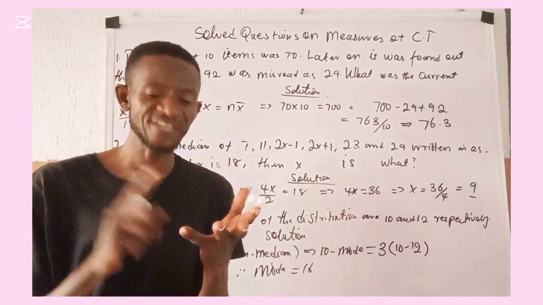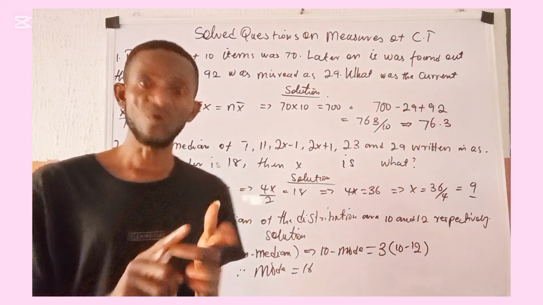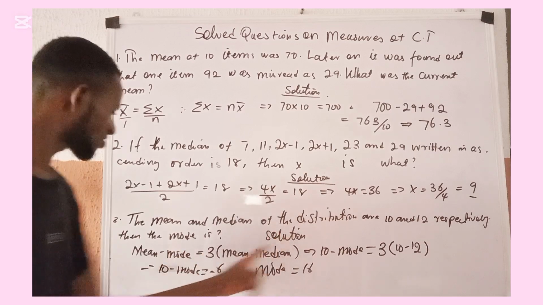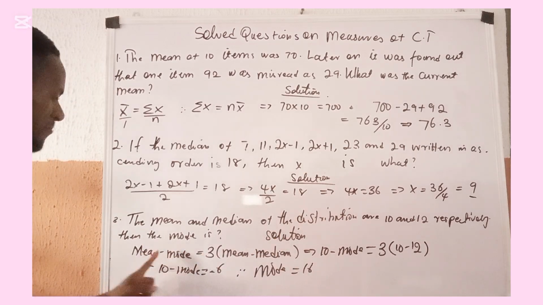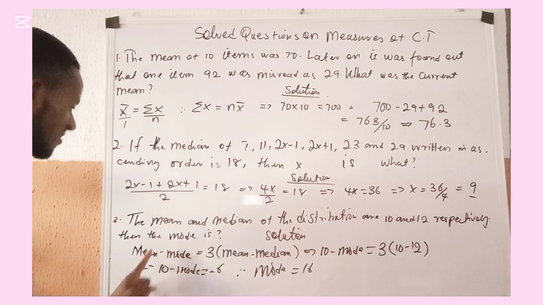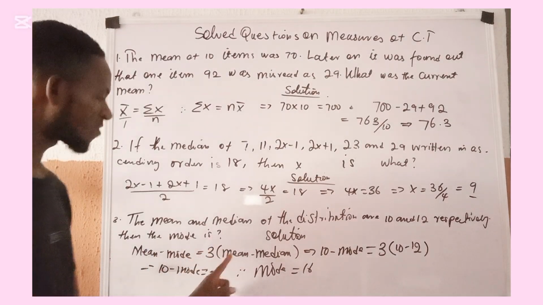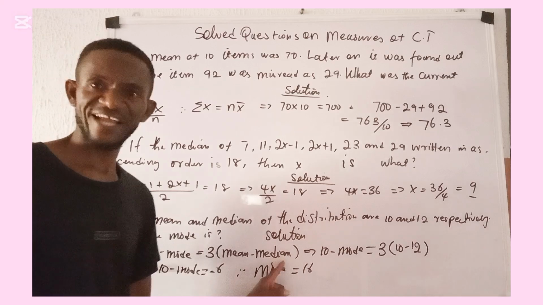And the formula that connects the mean, the median, and the mode is the formula I have written for you on the board. As a word of solution, mean minus mode equals 3 into (mean minus median).